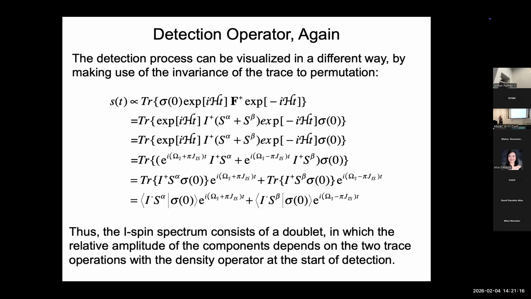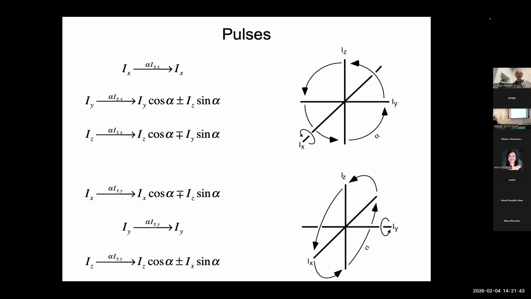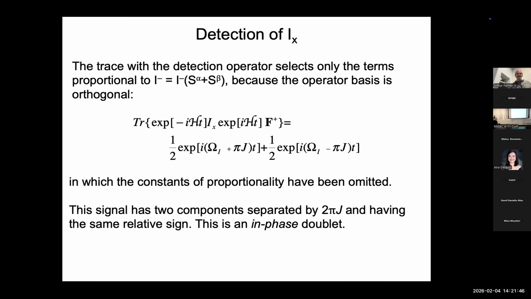This slide is probably of conceptual interest to me, but not to you. Here, because the trace is cyclic, I can move an operator around. So go back to here. I have the density operator was exponential with the Hamiltonian, Ix exponential, and then F plus.